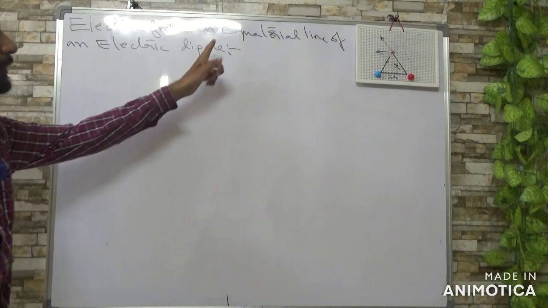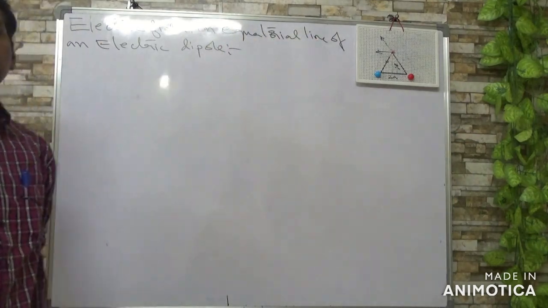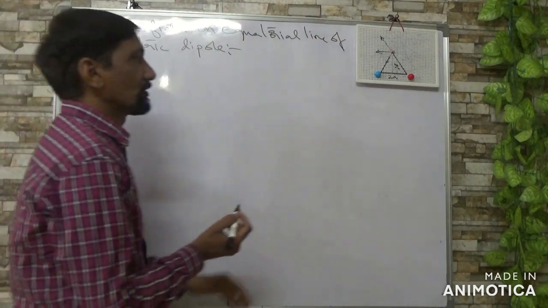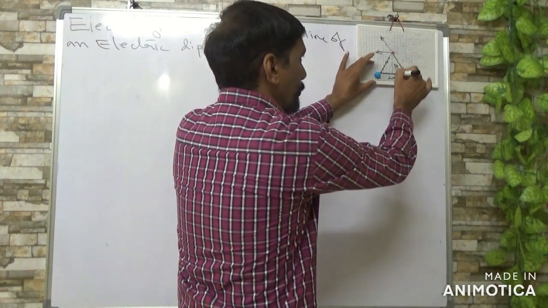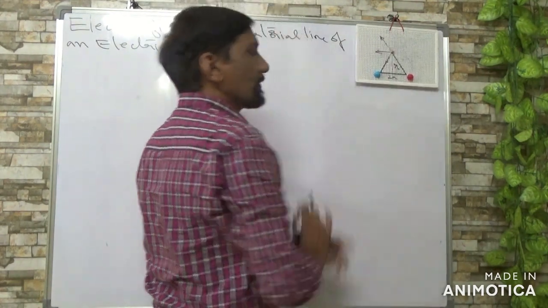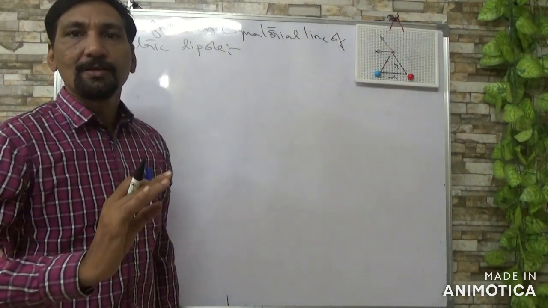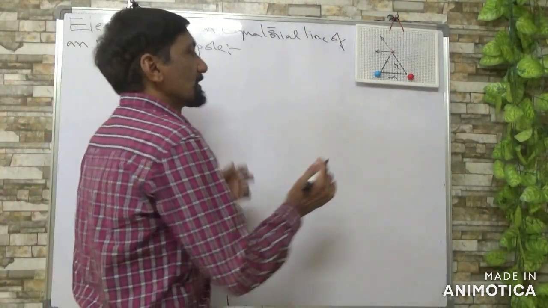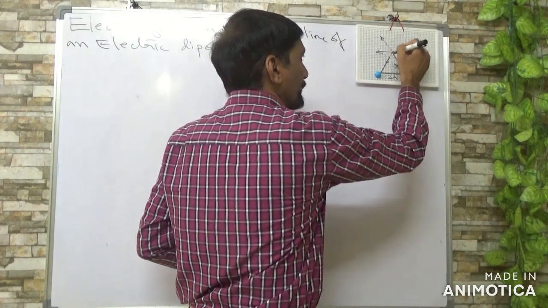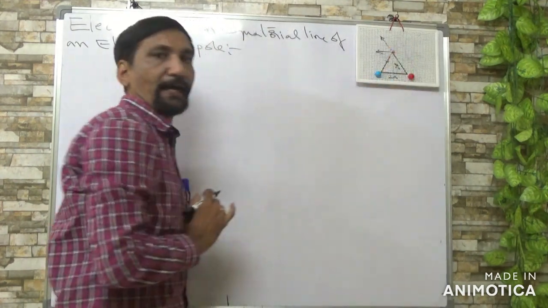Now, the equatorial line is the line passing through the midpoint of the dipole. So select one point P on this equatorial line.